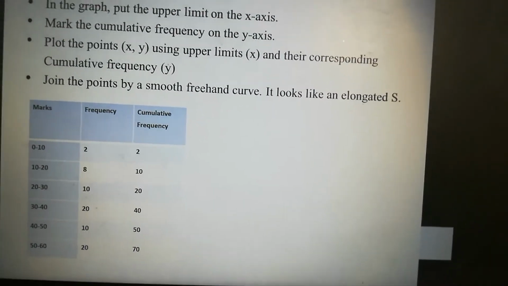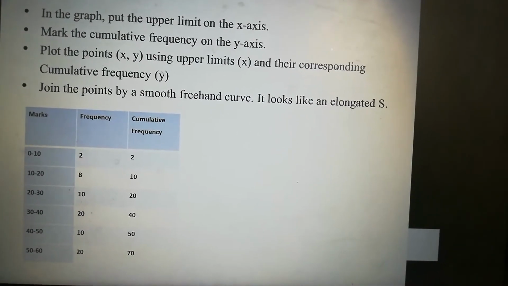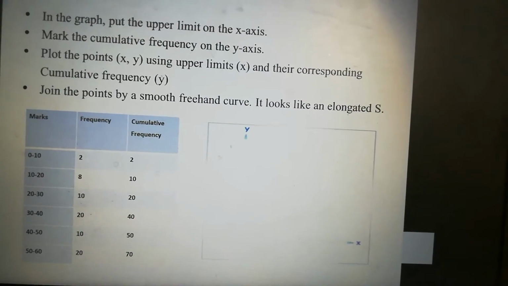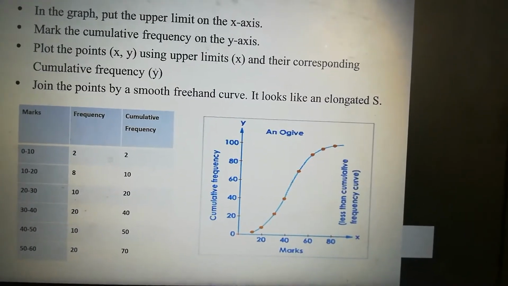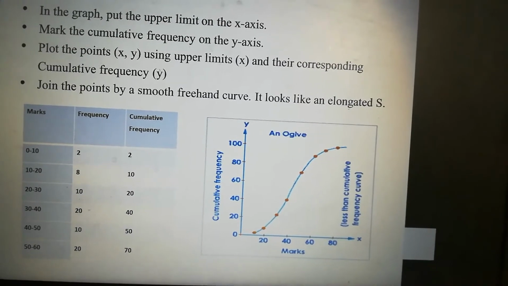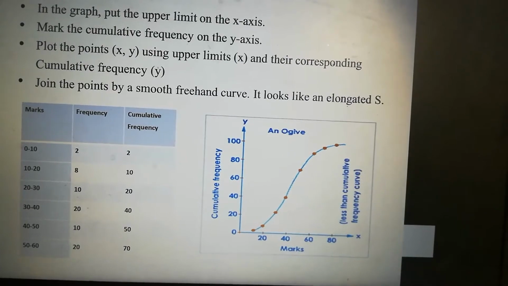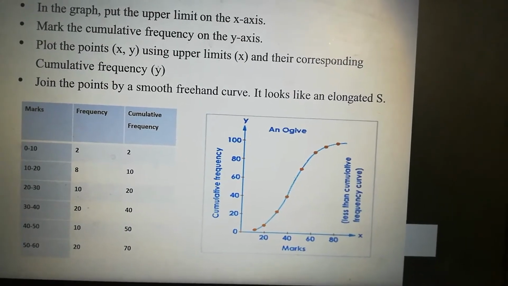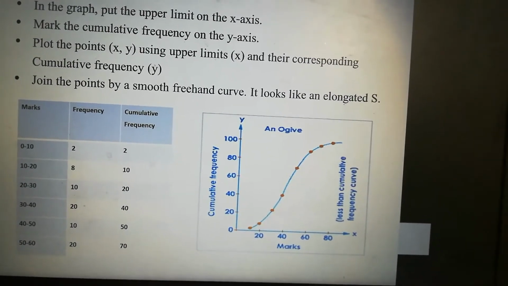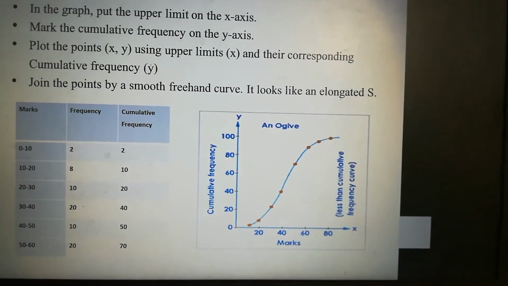Now let's see how to draw it. What we need to do is take the upper limit. Here we could see that for the first class the upper limit is 10, for 10 to 20 it is 20, for 20 to 30 it is 30. These are the upper limits of the class intervals. So at 10, you represent that cumulative frequency.